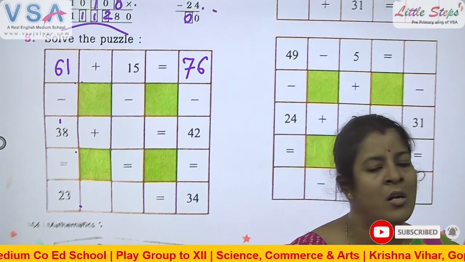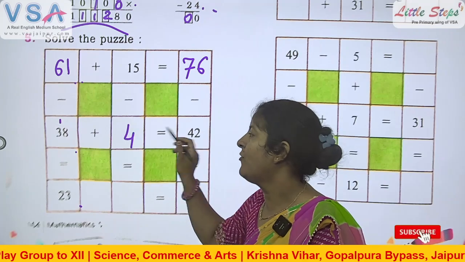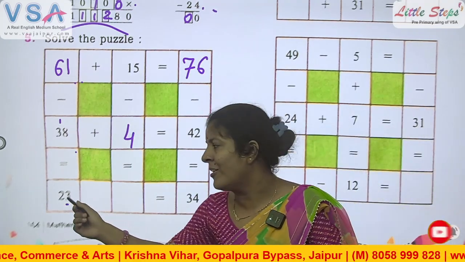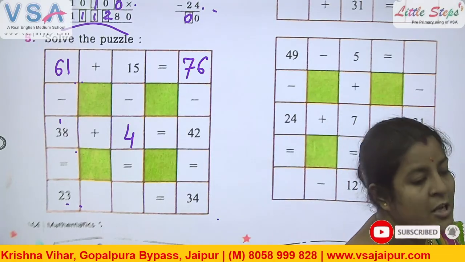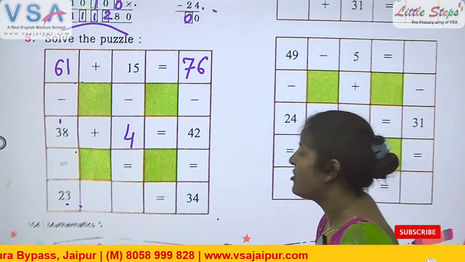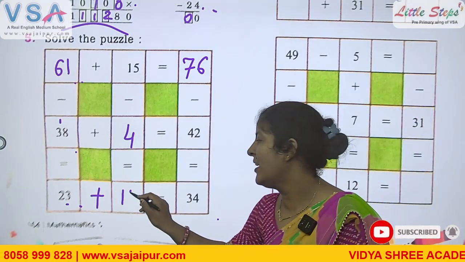Which number do we add on this side? 4. Then we get the answer 42 also. Yes and no? This number 23 equal to 34. Is it more than or less than? More than? So we can use addition and subtraction. Addition. And which number do we add on this side? 11. Then the answer is 11.